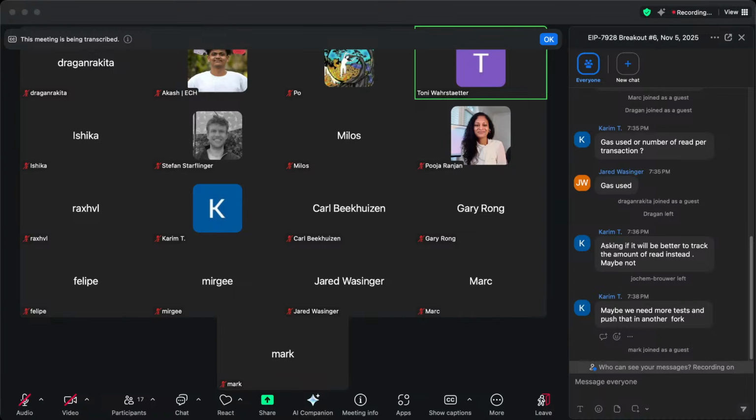Yeah, anyone else who wants to chime in, voice an opinion? Otherwise, we don't have to take a decision today. Anyways, the default would be we don't change anything, and the gas used would stay out of the block level access lists.